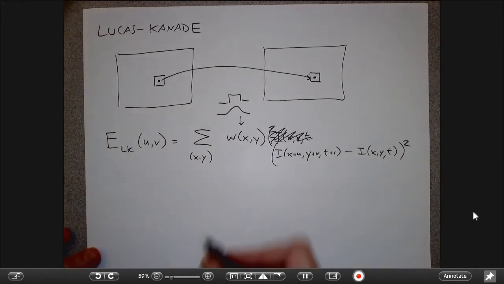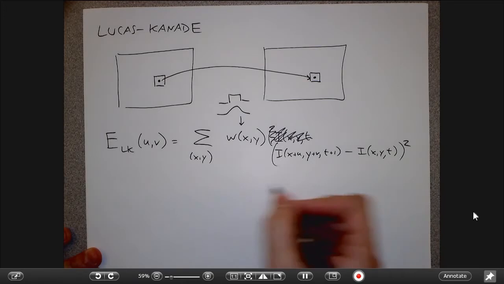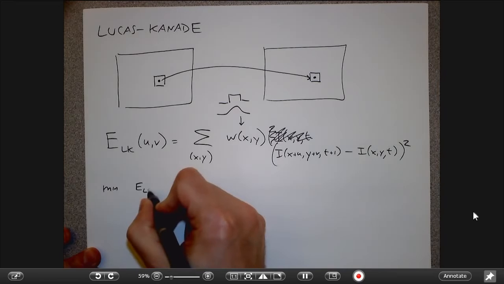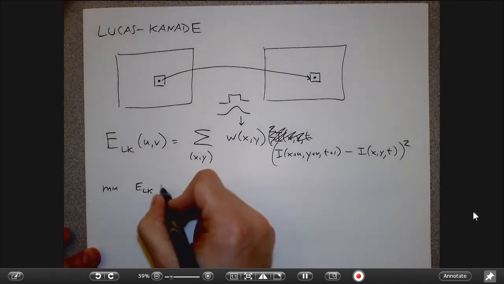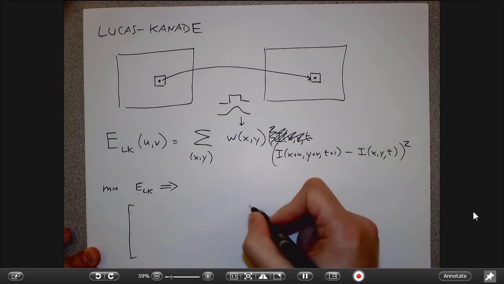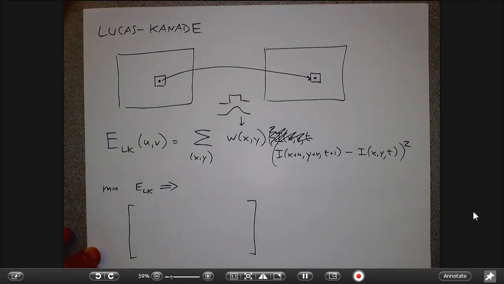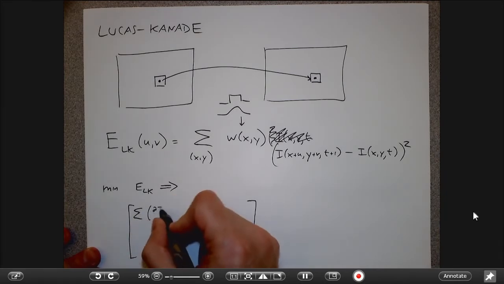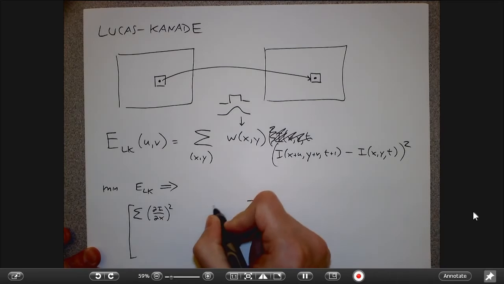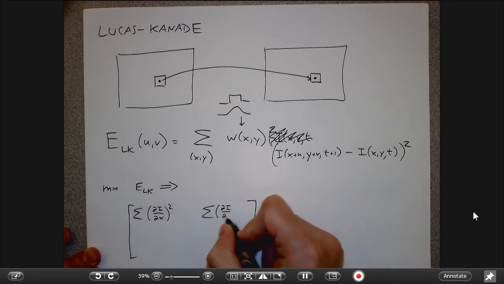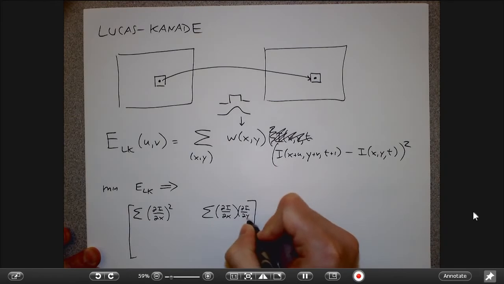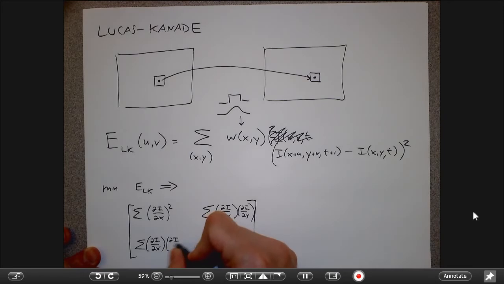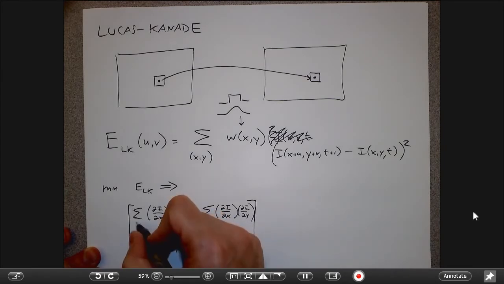And so, if I were to write out what the implications are for minimizing this kind of function, what I would get would be something very familiar from our feature matching part. Basically I would get something that looks like the sum over the window, right?